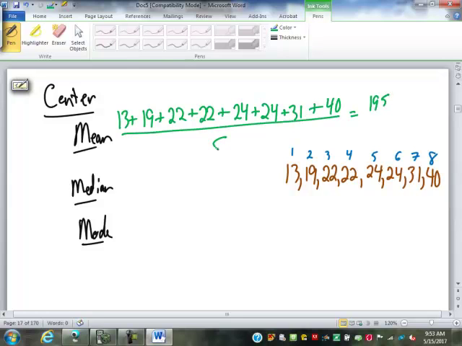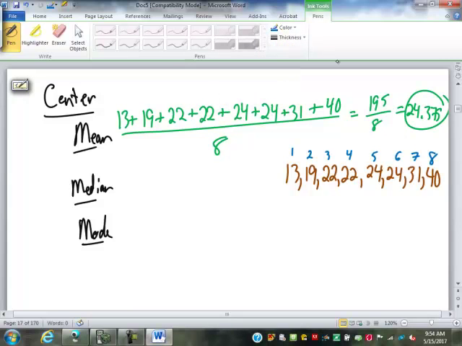And this is going to be over 8. So what does that come out to be? 24.375, I believe. Am I right? The biggest thing when you do this, hit equals before you divide by 8. 24.375. Good deal.